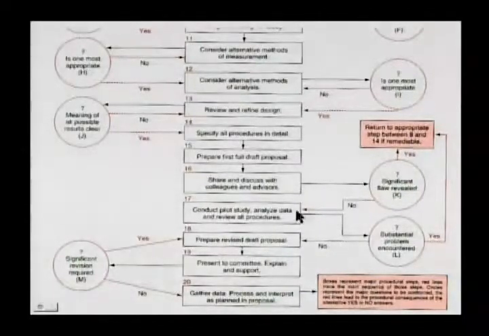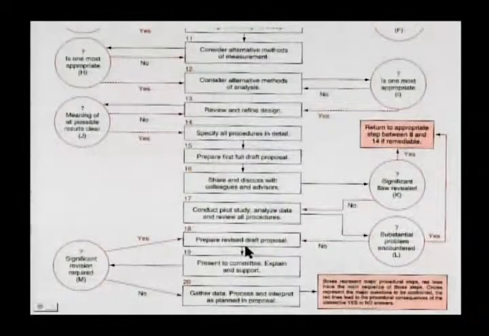If no, if there's no significant flaw, then you conduct the pilot studies, analyze data, and review all procedures. Come out and ask this question: substantial problem encountered? If yes, you're back up to the earlier time points to find out what you can do to remedy that. If no, you're back into the system here at number 18.